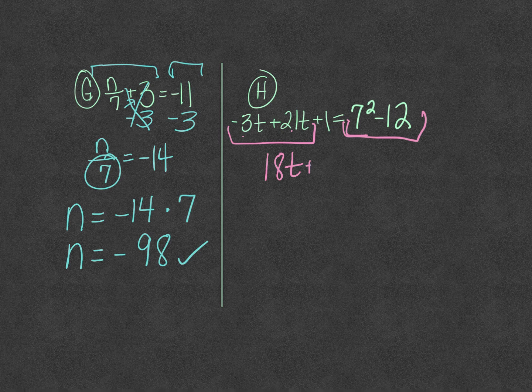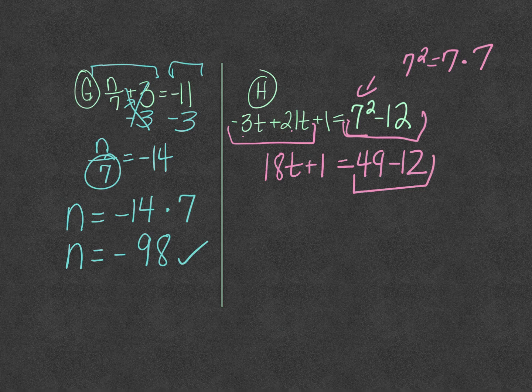So I'm going to go ahead and put my 1 here, equals 7 squared is the same thing as saying 7 times 7, which is 49, minus 12. So now I can simplify this side. All right, so 18t plus 1 equals 49 minus 12, and that equals 37.